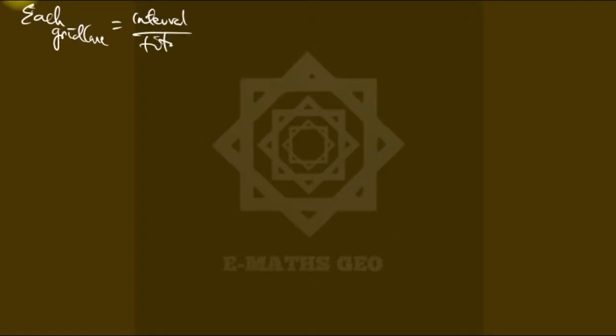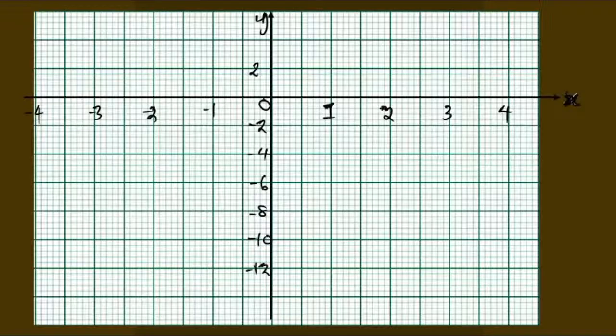Each grid line is always the interval we are moving over the total grid lines. For x, we are moving 1 interval, and we have 5 grid lines in that one, 5, 10, so 1 over 10.